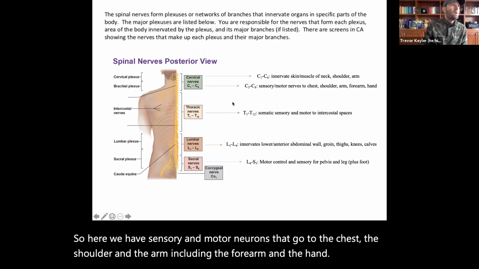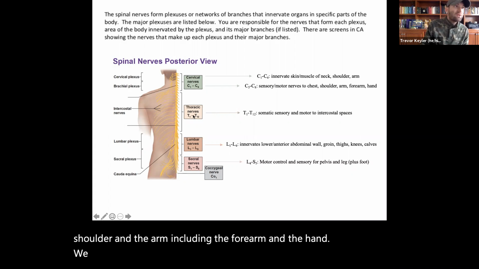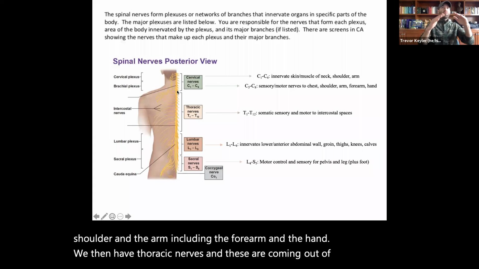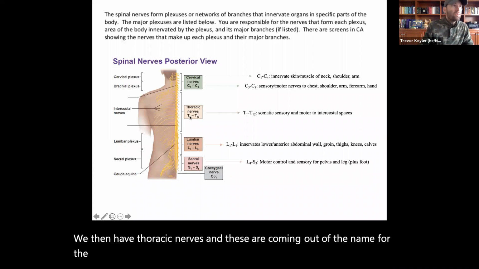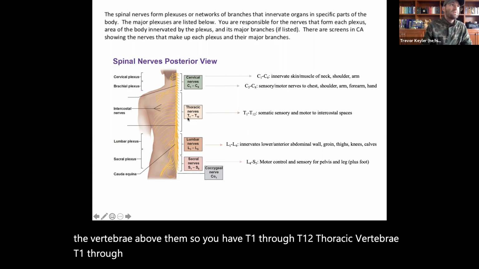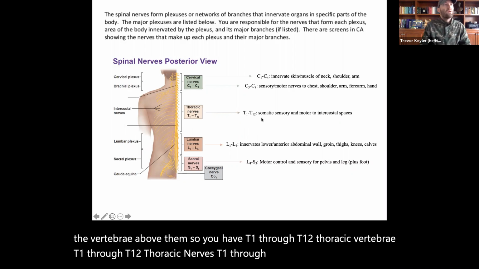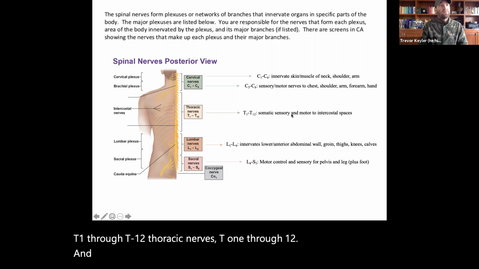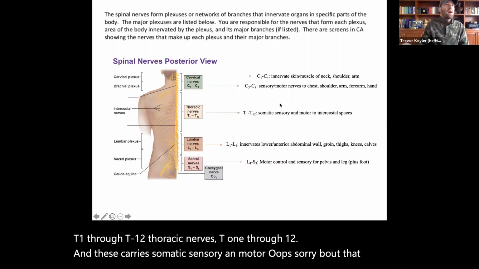All right. We then have thoracic nerves, and these are named for the vertebrae above them. So you have thoracic vertebrae T1 through T12, thoracic nerves T1 through T12. And these carry somatic sensory and motor information to the intercostal spaces.